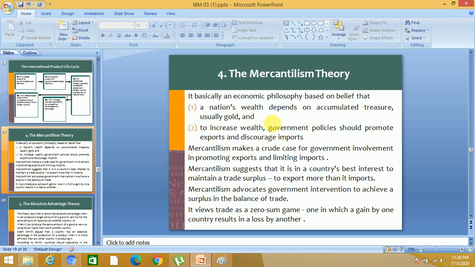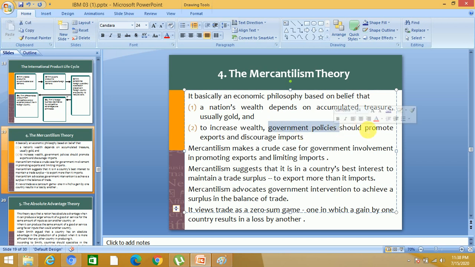To increase wealth, government policies should promote exports. The government will make policies regarding promoting exports and discouraging imports, and they will make such policies to discourage imports. It means they will increase the taxes so people will not import from other countries.